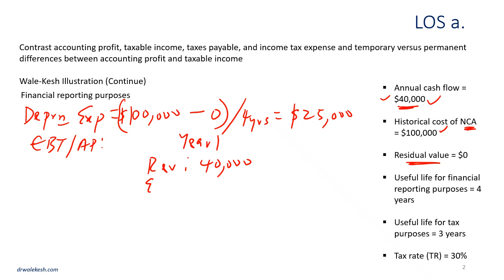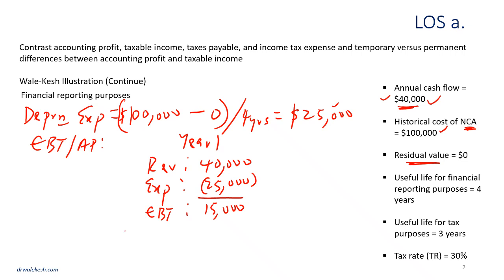Then less the depreciation expense. The depreciation expense is 25,000 US dollars. Then I have the earnings before tax or the accounting profit, which is 15,000 US dollars.